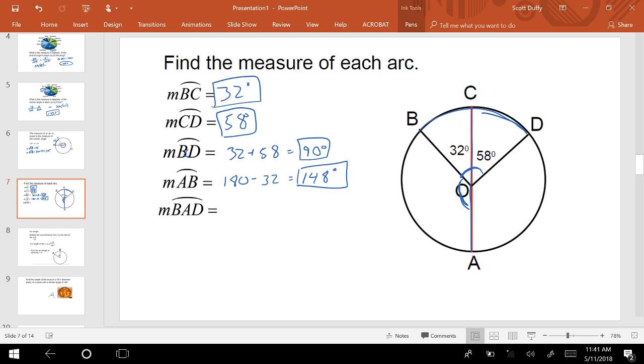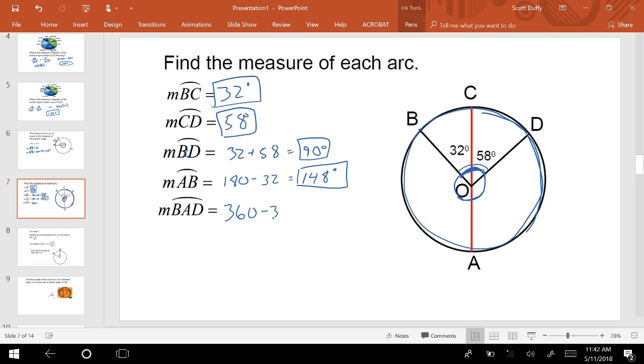And then BAD. BAD is all the way around. So what I can do is say that all the way around it should be 360. But I'm going to subtract the two parts that I don't need. I don't need this sector or this sector, or those two arcs.